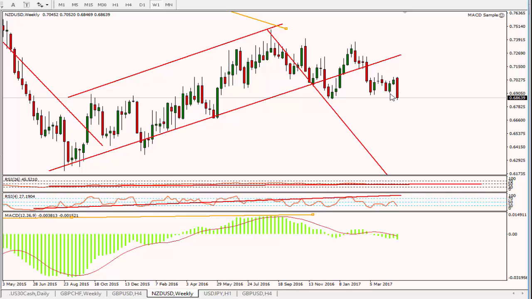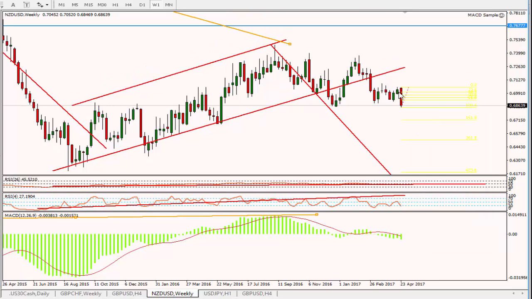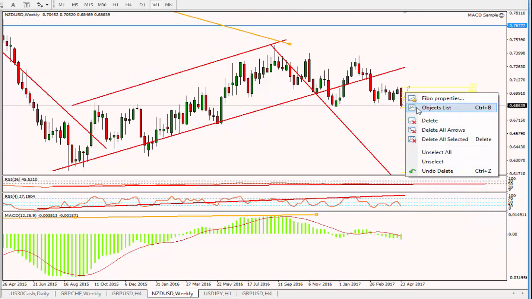So now I am looking to see on this candle here, if we do find what you call a pullback, I'm using the Fibonacci retracement to identify where it could possibly pull back to.